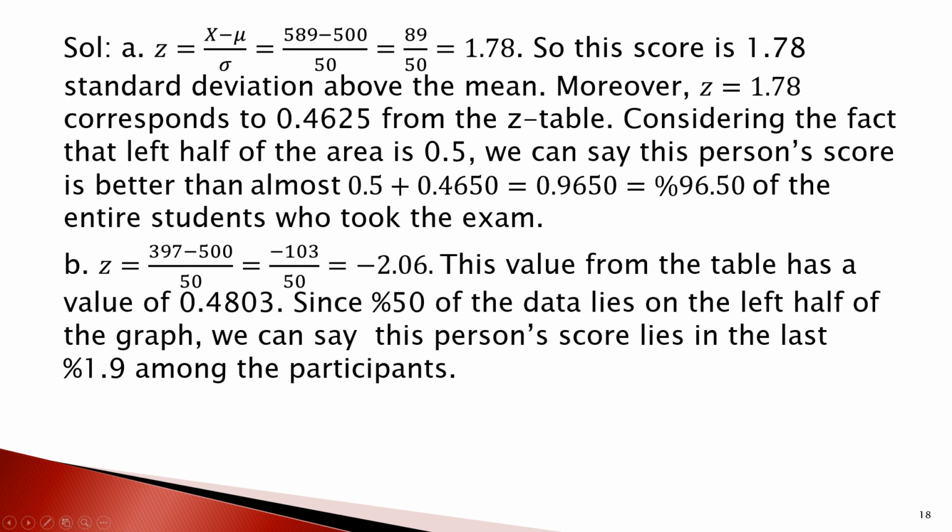And the area from 0 to minus 2.08 is 48%. Okay, 48%. So what that means is this person's score lies in the lowest 1.9% among the participants. Okay, so that's how we interpret that.